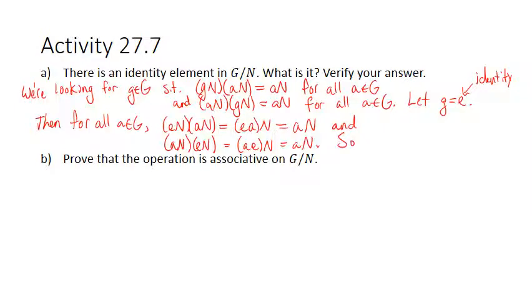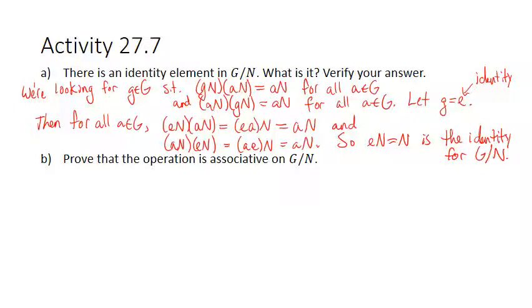So eN, which is actually just N, is the identity for G mod N. Okay, so that's the coset that whenever you multiply by it, it does nothing. It just leaves you with whatever you multiplied by.